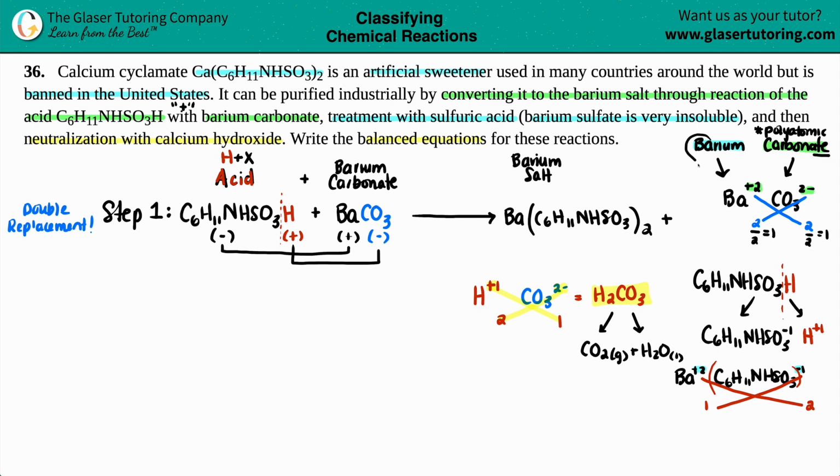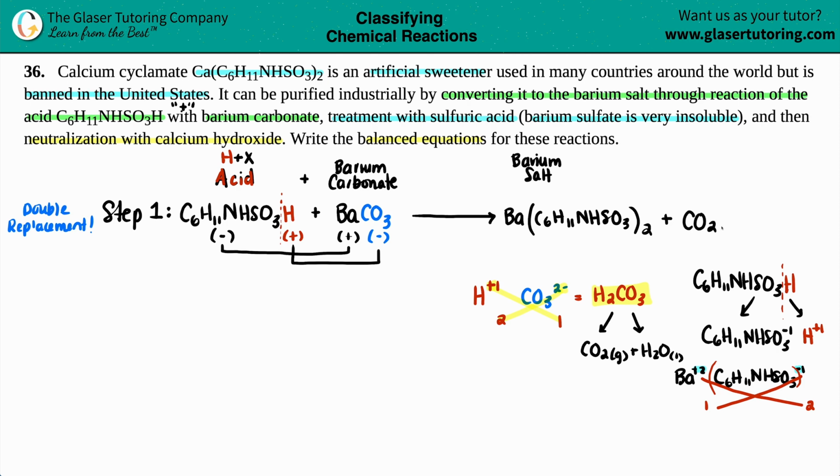I'm just going to erase all of this work because we need to set up for the next step. So I hate it when my work goes, but I think we're good. All we just have to remember probably is the barium is the +2 charge. So we'll say CO2, gas, plus H2O, liquid.